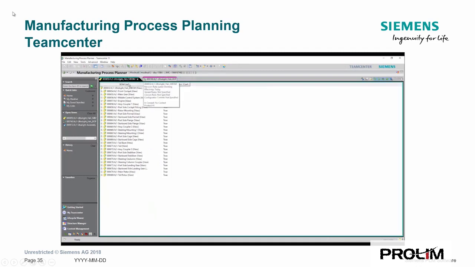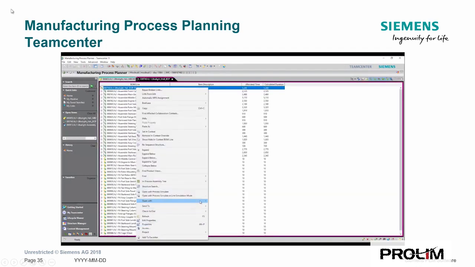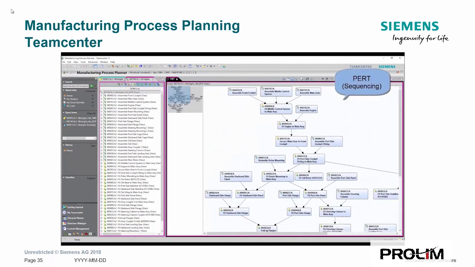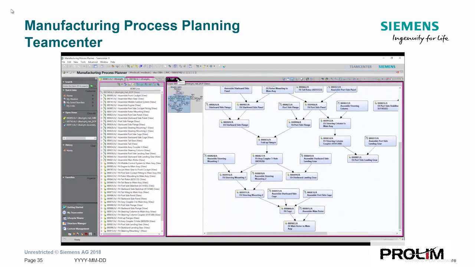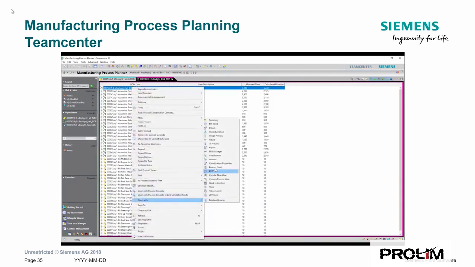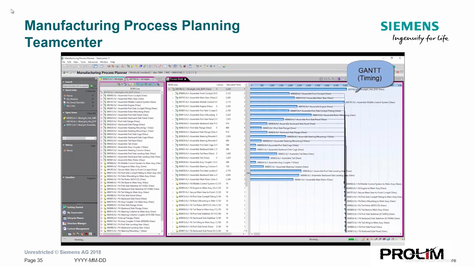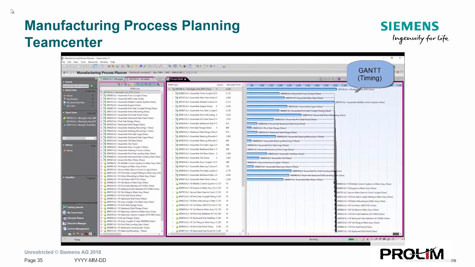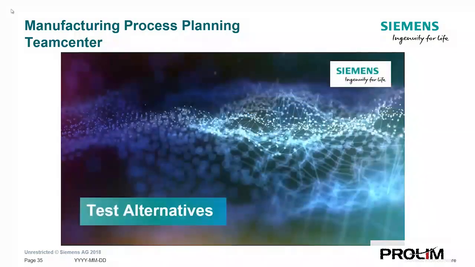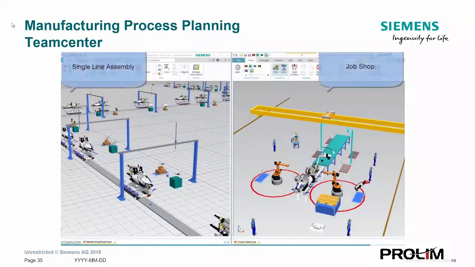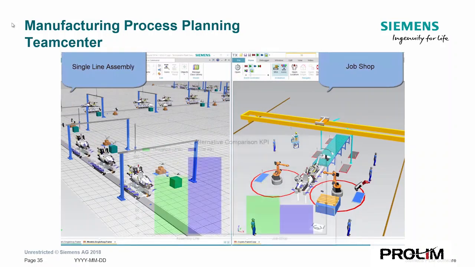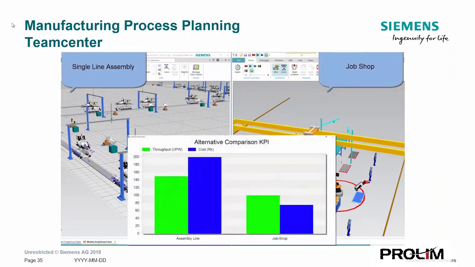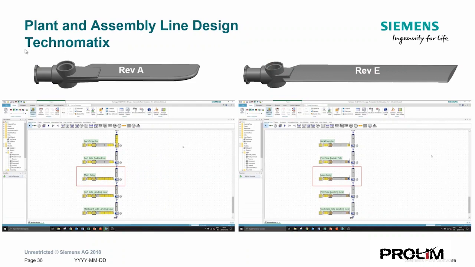So here you can just see how the process planning occurs within Teamcenter, looking at sequencing and planning of production and so forth, using Gantt charts for timing, and testing alternatives for production lines versus job shop, and seeing how they compare in terms of key performance indexes.